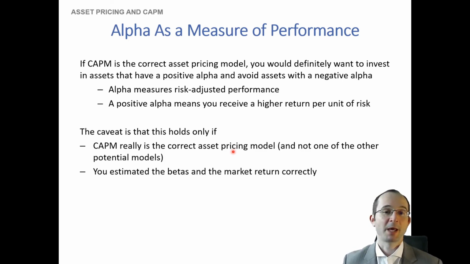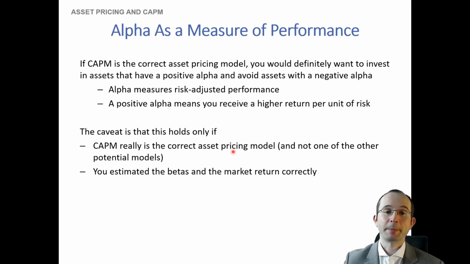For example, the CAPM would be probably the right model to evaluate assets that are only exposed to market risk. The problem is that it's somewhat hard to find assets that are only exposed to market risk, and that's one of the reasons why, as we will discuss later in this lecture, so many other risk factors have been proposed in addition to this single index market risk model of the CAPM.